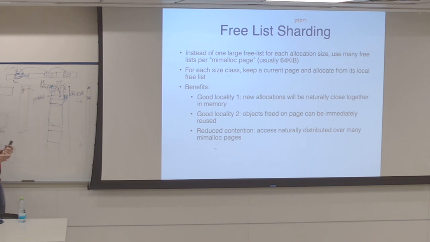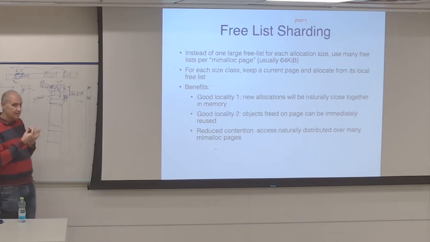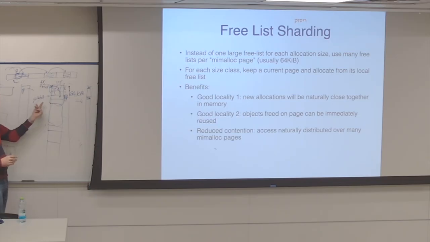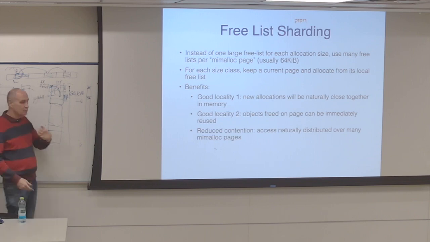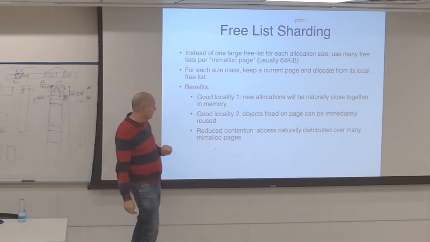If other threads are freeing in that block, then they're going to add their freed objects, spaces, to the global free list. Now, if my local free list is empty, I will take the global free list and add it to my local free list. Only when I do that, very seldom, do I have to compete with other threads and synchronize with them. Otherwise, I'm working locally without any contention.